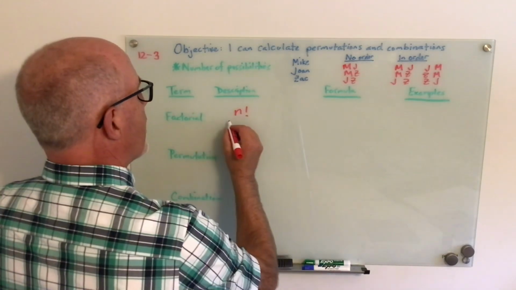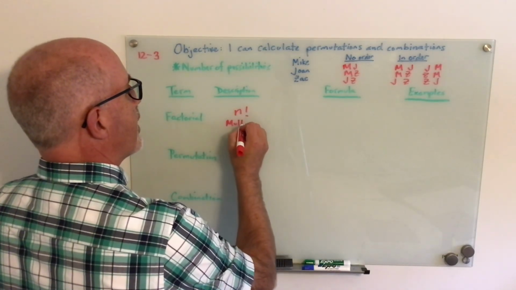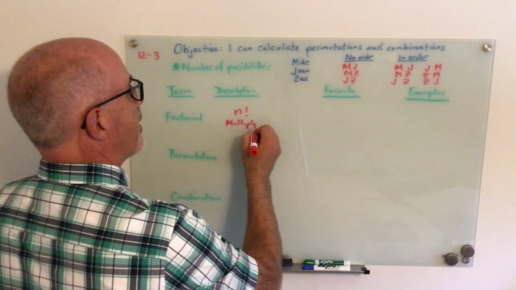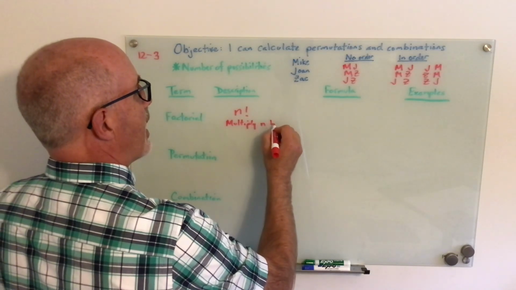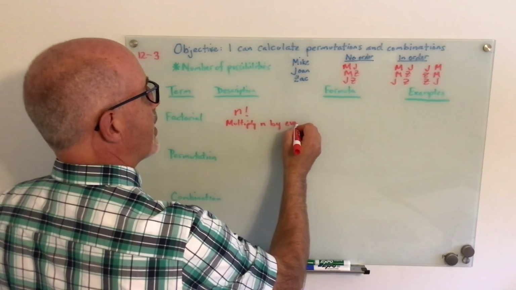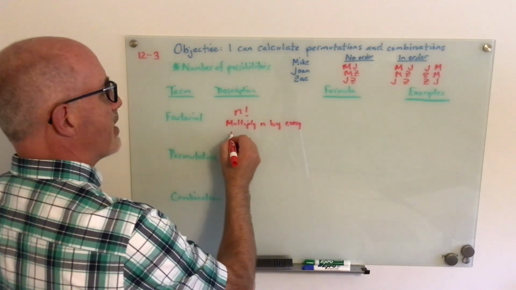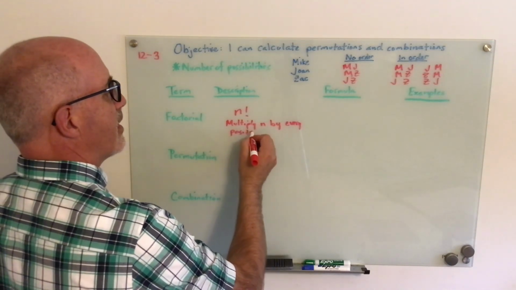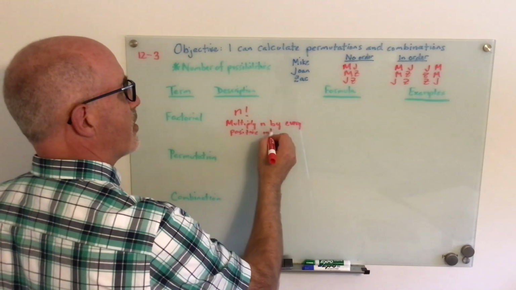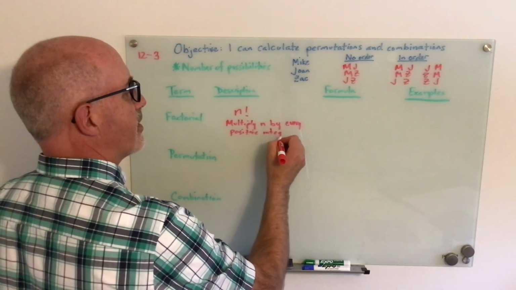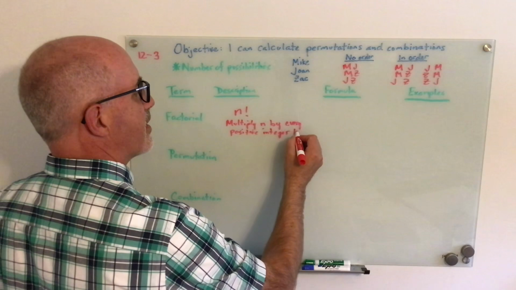Okay, so multiply n by every positive integer less than n.